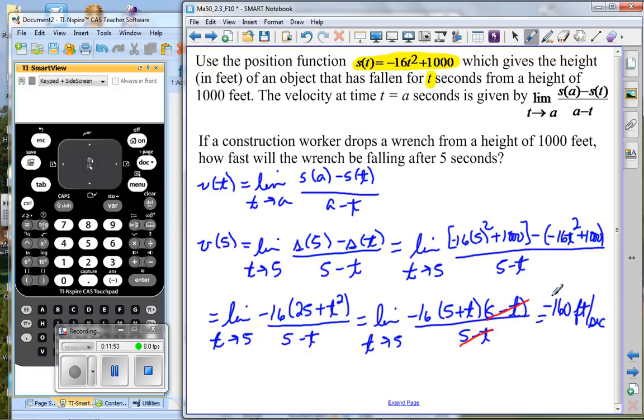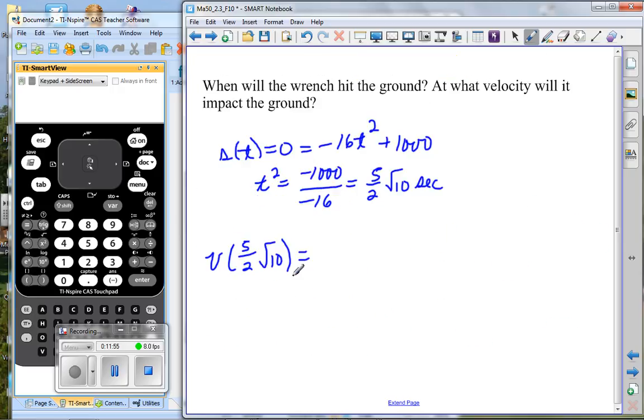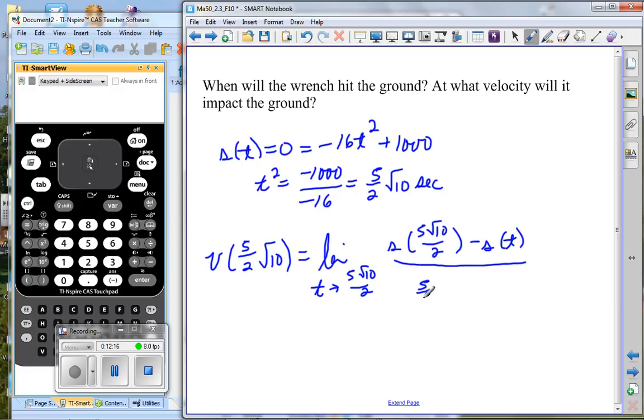We found out that we need to look at the limit then as t approaches 5 square root 10 divided by 2, and this would then be S of 5 square root 10 divided by 2 minus S of t, divided by 5/2 square root 10 minus t.